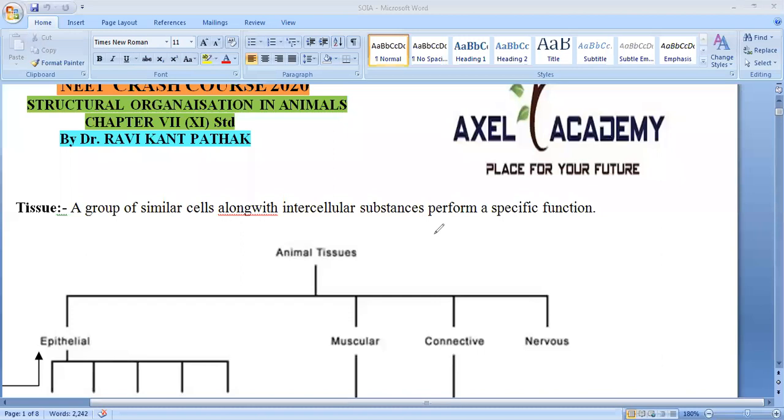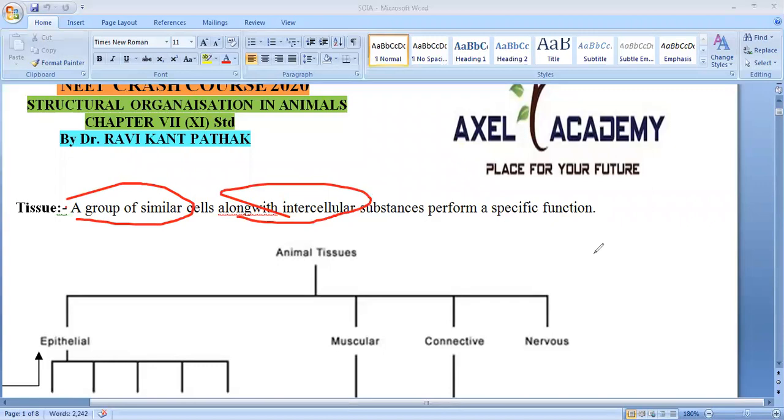Here a standard definition is also given: a group of similar cells along with intercellular substances. What are intercellular substances? They are things like matrix, collagen, and some glycoproteins: cadherin, integrins, connexin, and fibronectin.